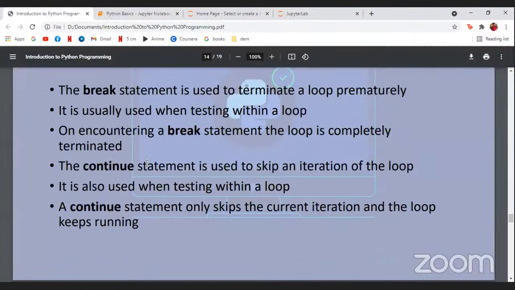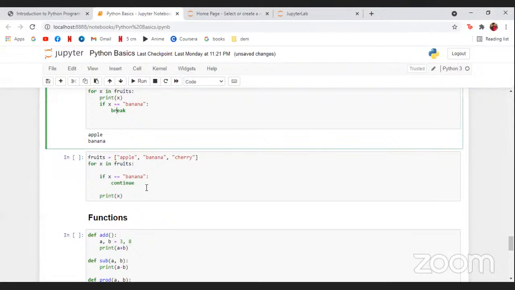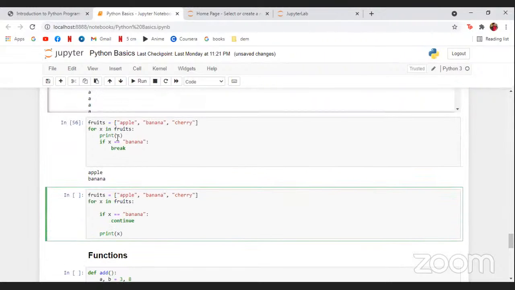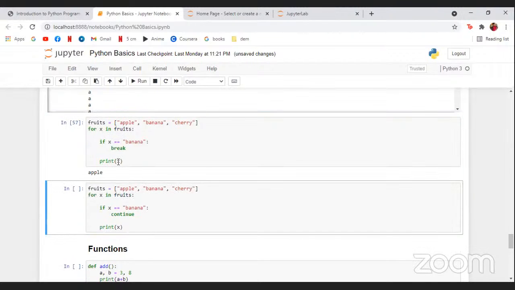Next is something we call continue. Continue is like break, but the thing is it doesn't stop the loop entirely. It just skips one iteration or one cycle of this loop, right? So here, instead of break, if I said continue, so when I said break, I got only apple because it stopped that loop and it never reached cherry at all.